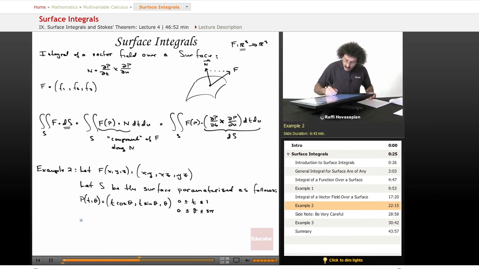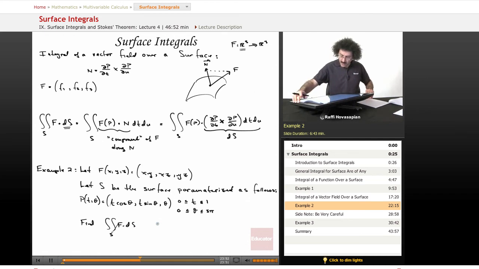What we want you to do is to find the integral of f over this surface. Great, should be no problem at all.